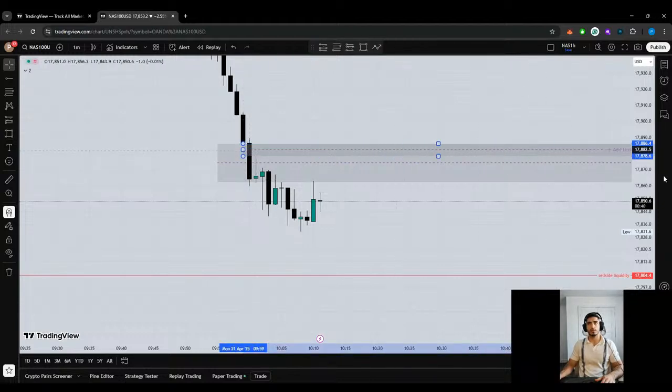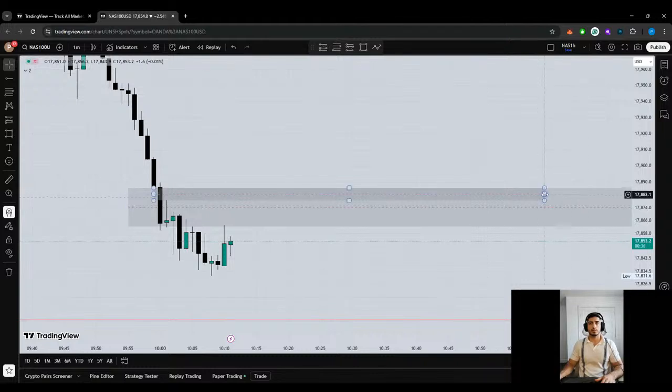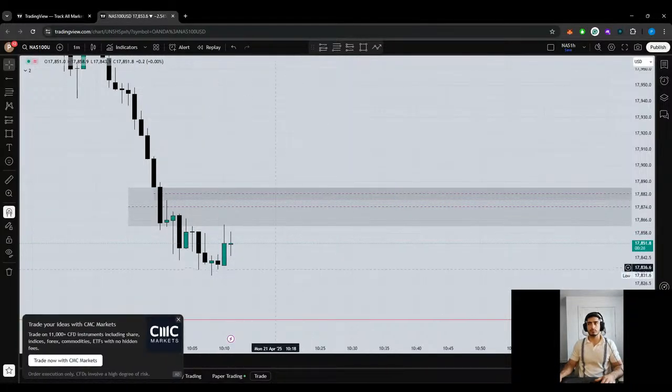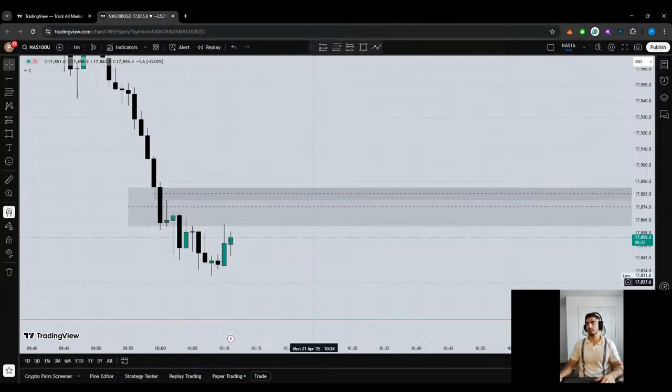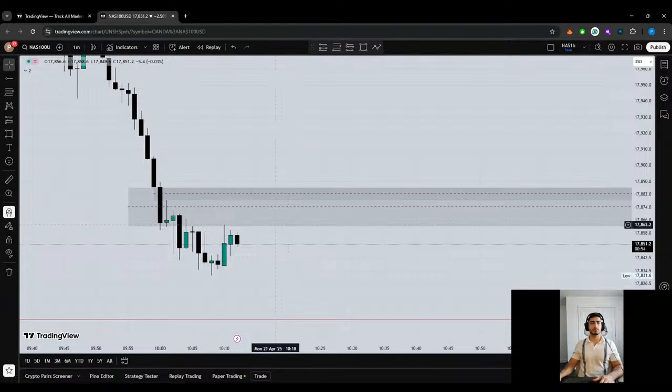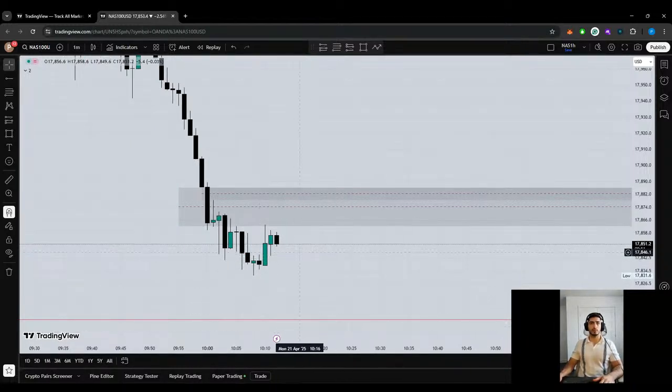And this is the 1-minute fair value gap at the high of that first 5-minute fair value gap. We're that close to this liquidity and we won't take it. I don't think so.